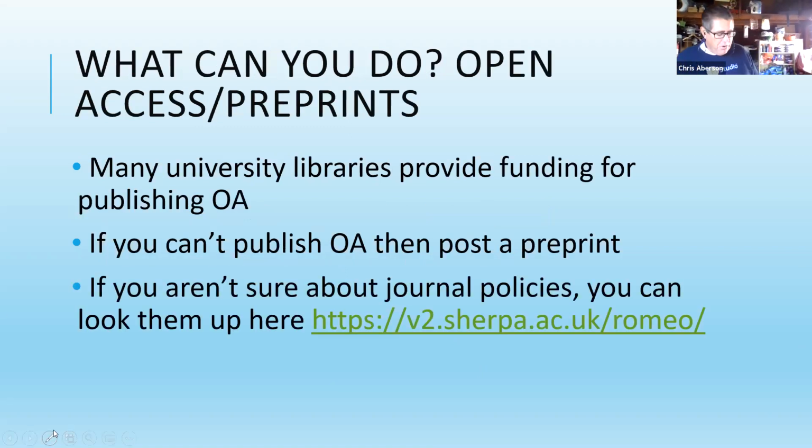All right, so what else can you do? Open access and preprints are great for getting your work out there. Many university libraries are now providing funding for open access that's coming out of what they're having to pay for publication fees. Ideally, the goal is that all libraries are going to be able to move to funding open access, because everything will be open access.